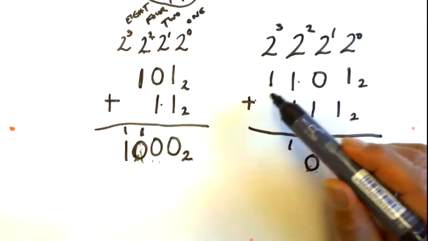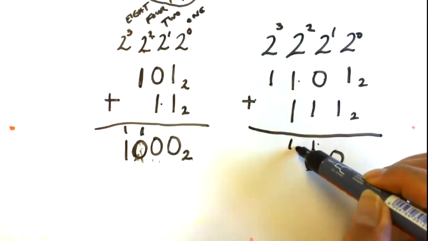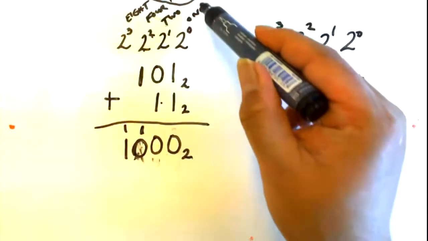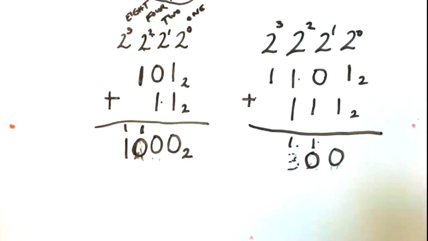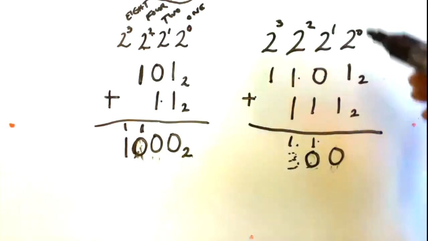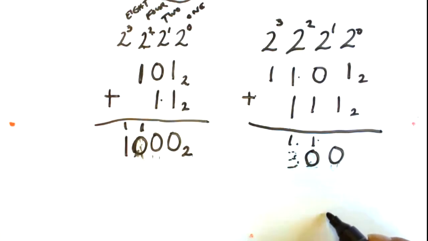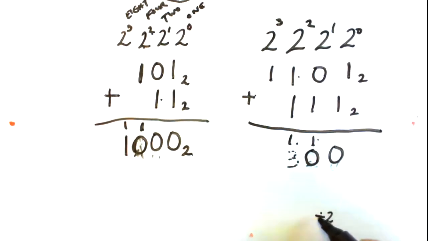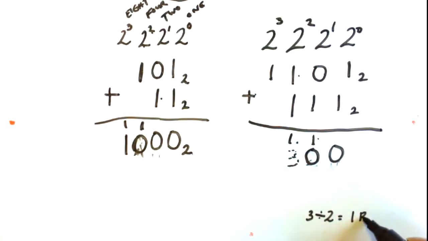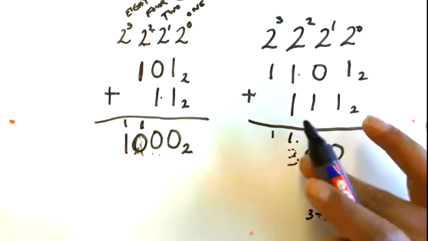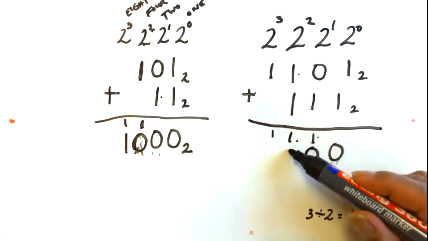Now here's what it is. 1 plus 1 plus 1. It's 3. Can we write 3? We can't. We're only allowed these two symbols. And so what do we need to do? We ask this question: how many 2's are there in 3? And your answer is 1, remainder 1. And so your answer here is 1, remainder 1.